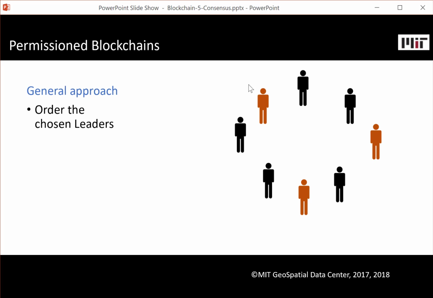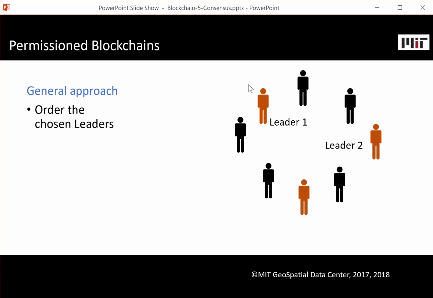In the algorithm by Micali, and also in one called Gossip, we order these leaders. I'll describe exactly how that works later, but let's suppose we have some ordering. So leader number one is the most important.